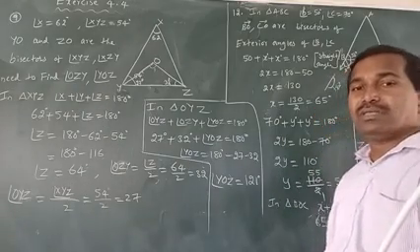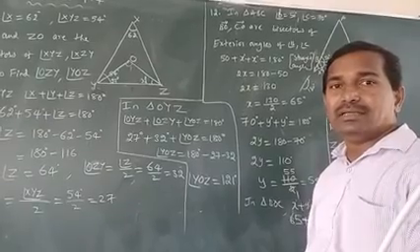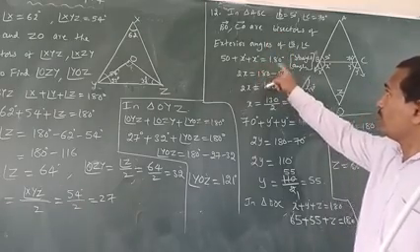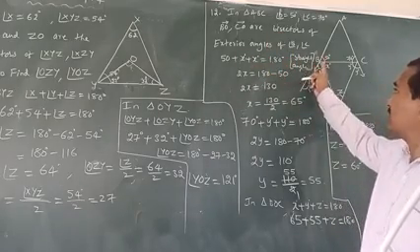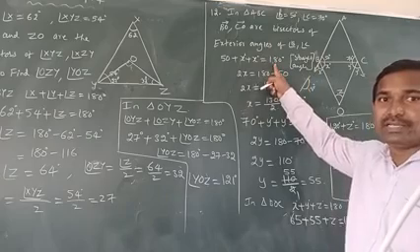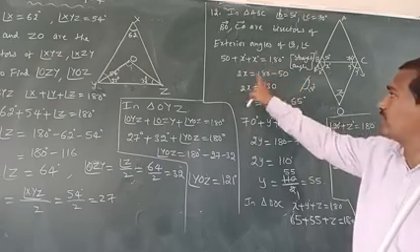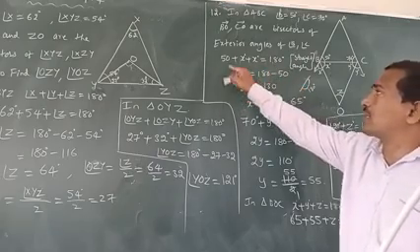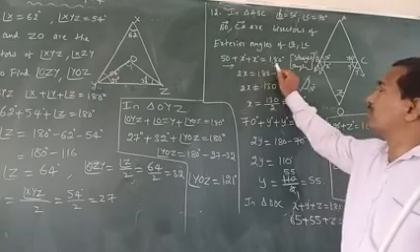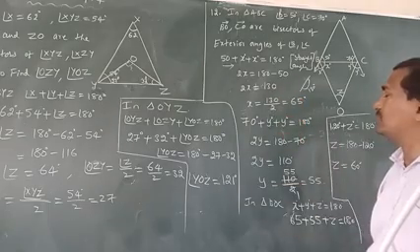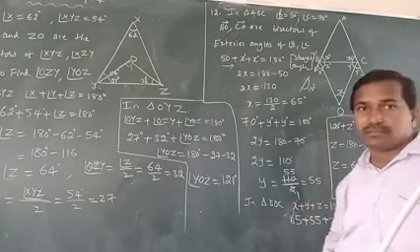So 50 plus x plus x equals 180 degrees. So 2x equals 180 minus 50. Transpose 50 to the right side. 180 minus 50 is 130. So x equals 130 by 2, that is 65.